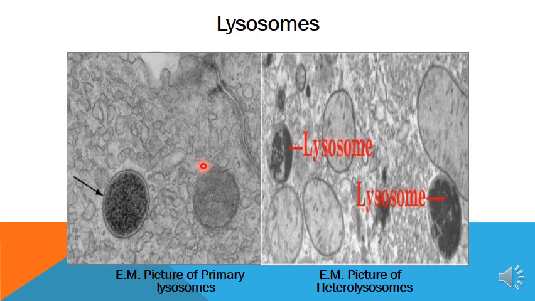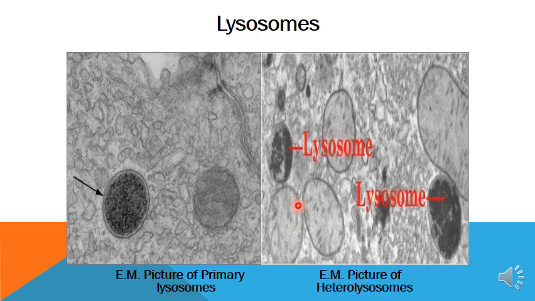When the primary lysosome eats anything in the cell, it will transform into a secondary lysosome. There are three types of secondary lysosome. The first type depends on the vesicle that the lysosome eats, called a phagosome, which contains bacteria or viruses, or in general any solid particle. The phagosome, when fused with the primary lysosome, will be transformed into a heterolysosome.